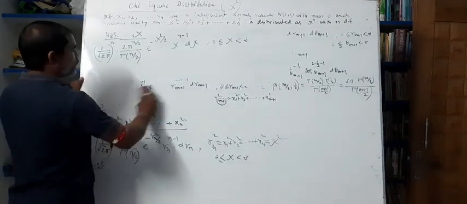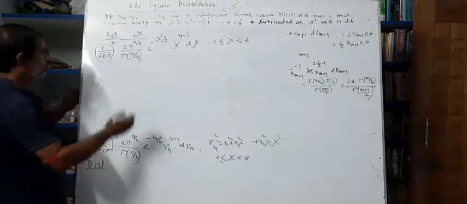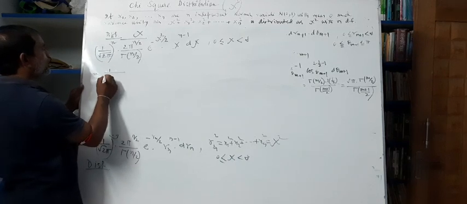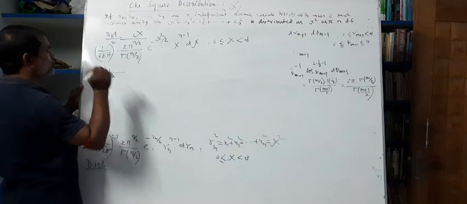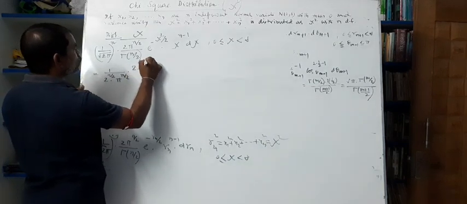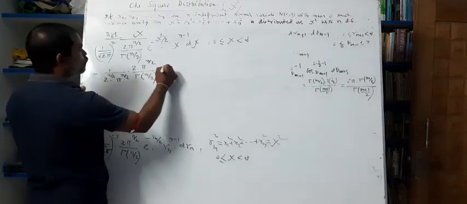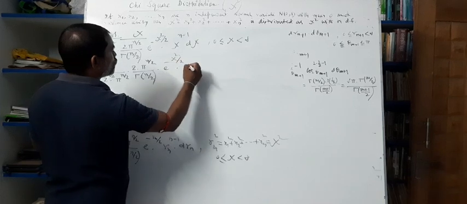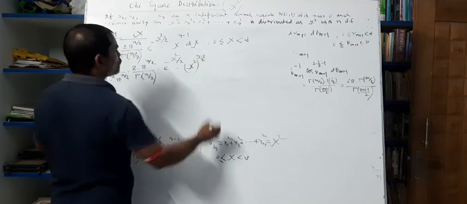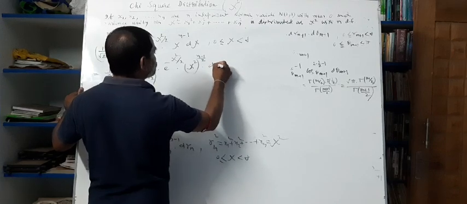If we simplify this, then 1 divided by 2 to the power n by 2 into pi to the power n by 2, 2 into pi to the power n by 2 divided by gamma of n by 2 into e to the power minus chi square by 2 into chi square to the power n minus 1 by 2 into d of chi.